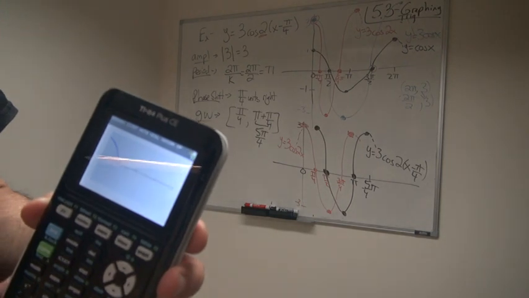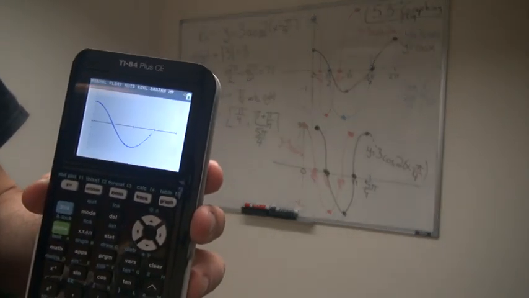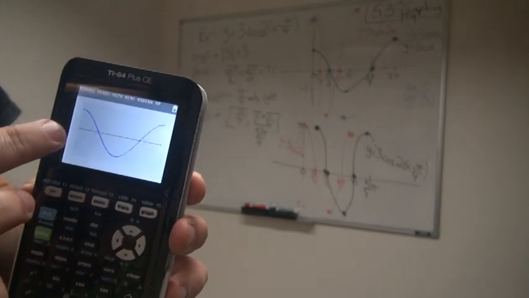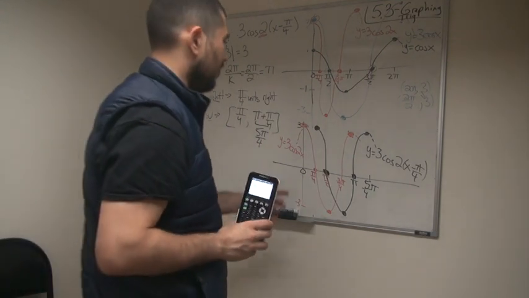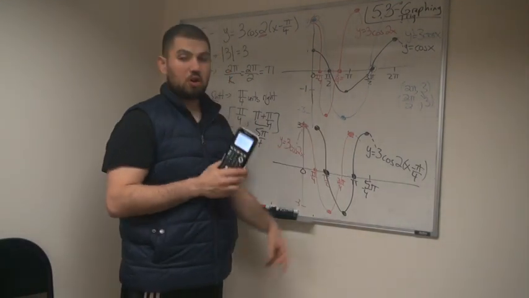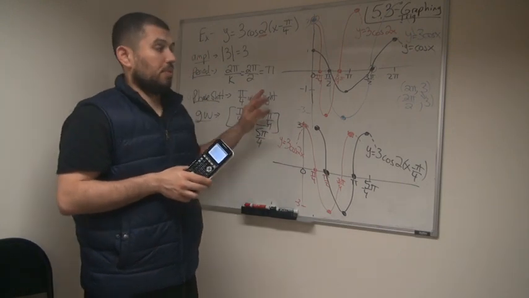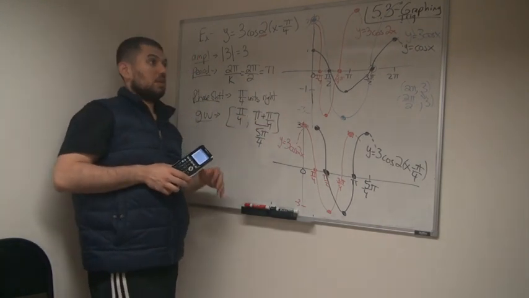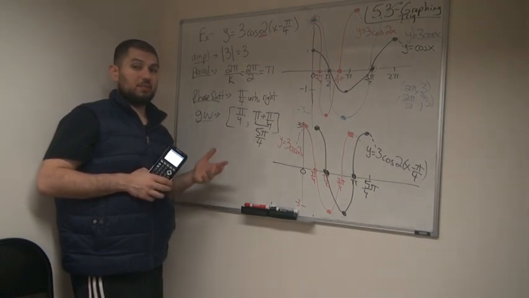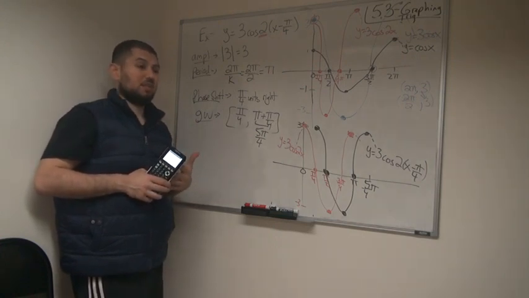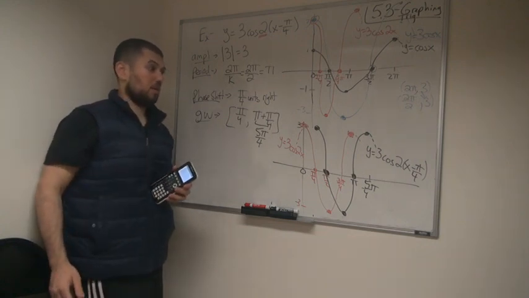Now when I hit graph, let's see. Well, what do you know? I'm getting what looks to be one full cycle. And it's going from pi over 4 to 5 pi over 4. So I'm getting the final black graph on my graphing calculator. I've now confirmed that the graph that I put up was correct. So again, really the only way to use your graphing calculator on these types of problems is not as a cheat, but as, I know how to do the right work algebraically and I can check my work.